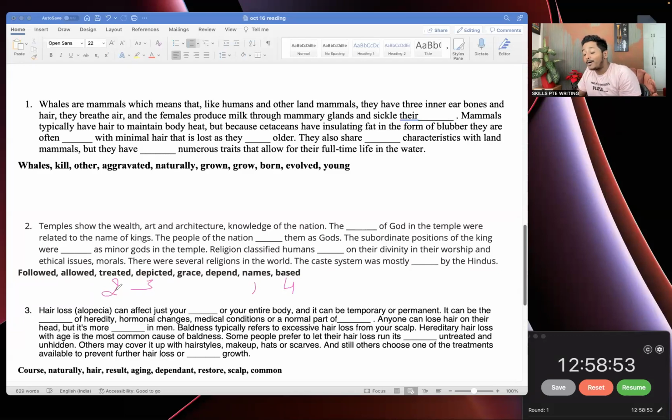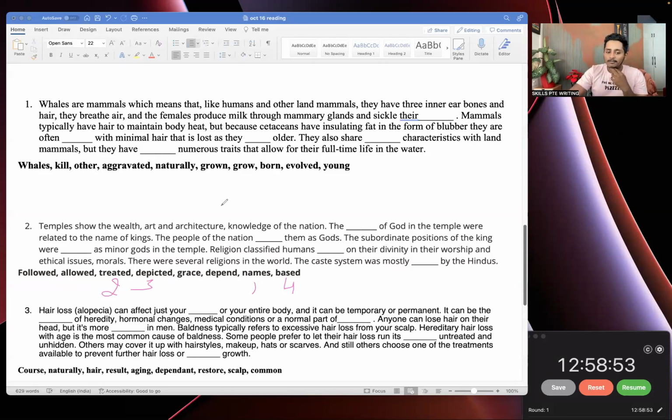Depend. No. Okay. Can you fit the word depend there by changing its form? Religion classified humans depend on, is it fitting in? No, it's not fitting in at all. Depending on, dependent on may grammatically fit in, yeah, but the context is religion is classifying the humans based on these things, not depending on these things.